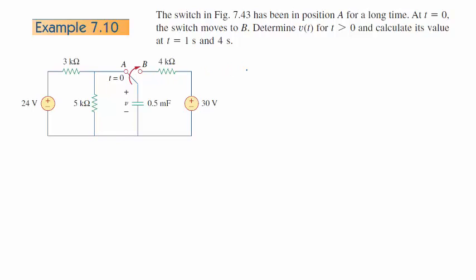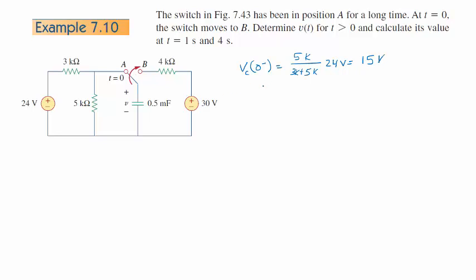The voltage in the capacitor at time 0, just before the switch closes and also just after, can be found by the voltage divider right here. So it's 5k ohms over 3k plus 5k ohms, times the 24 volts, which when you calculate it will equal 15 volts.